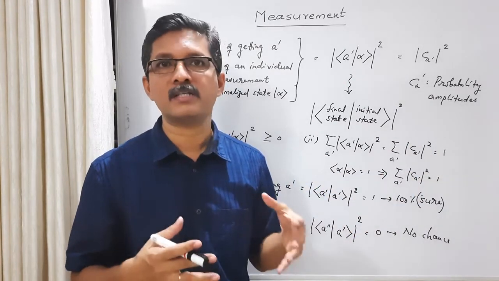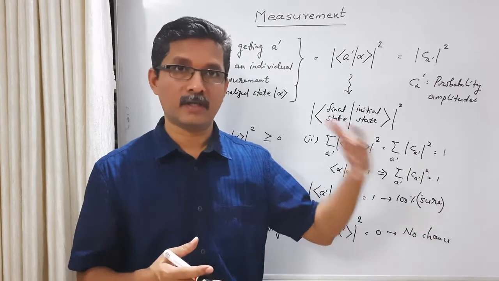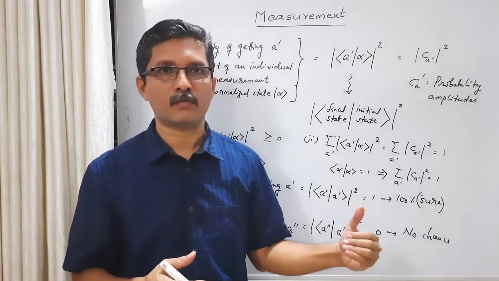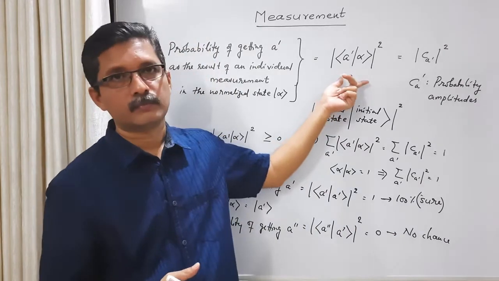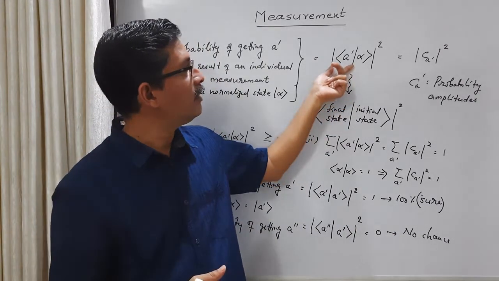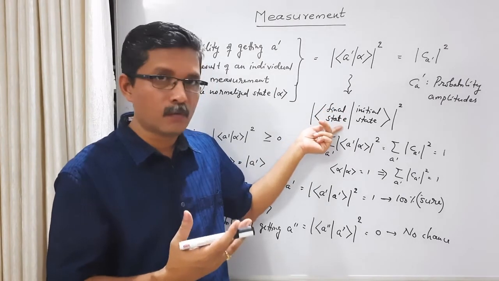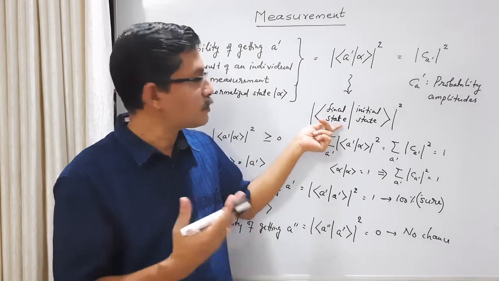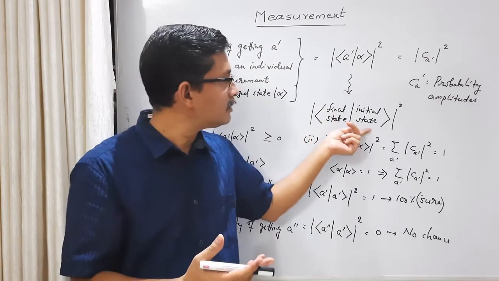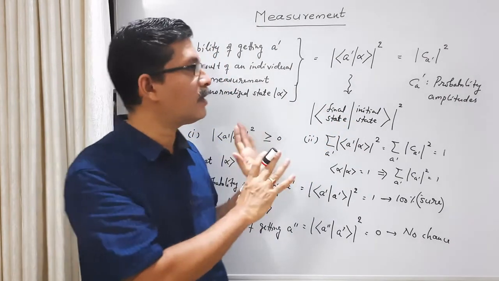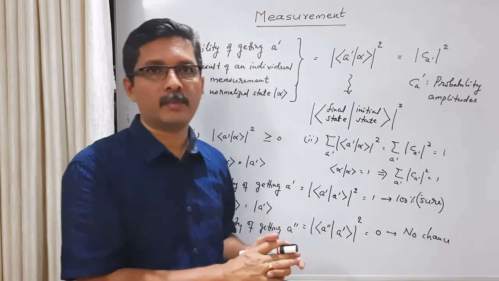Starting from a particular initial state, we can always calculate the probability of getting a particular eigenvalue as the result of measurement. This is how: take the inner product between the final state, corresponding to the particular eigenvalue, and the initial state, and take the square. That is the probability. This is a fundamental postulate in quantum mechanics.